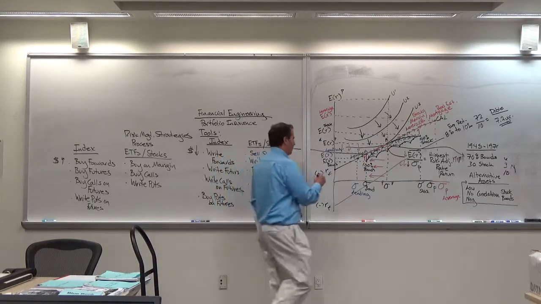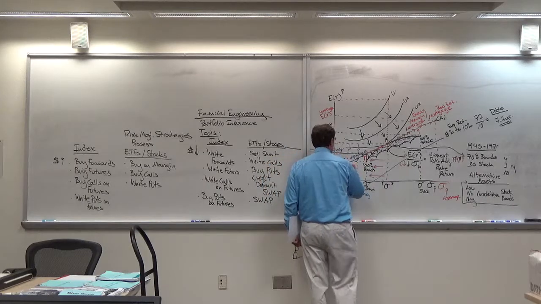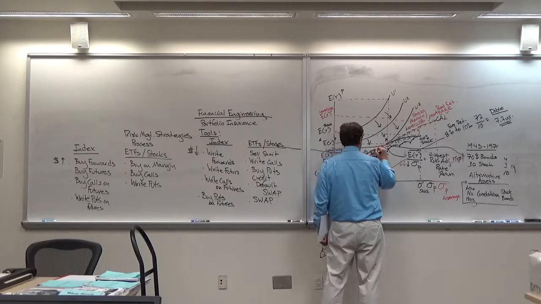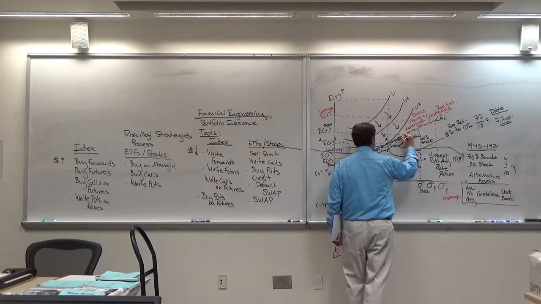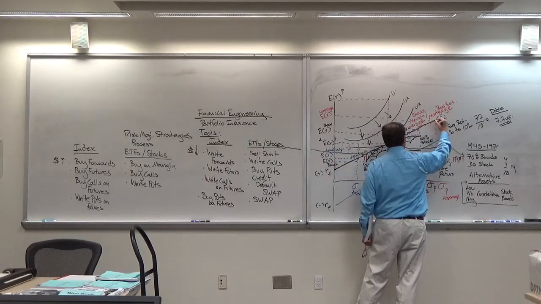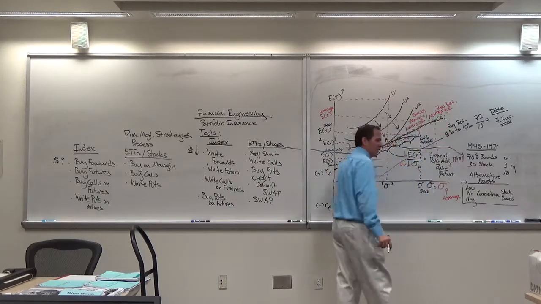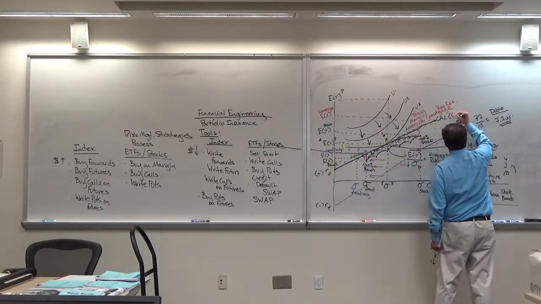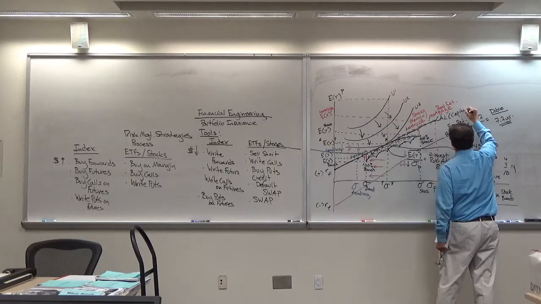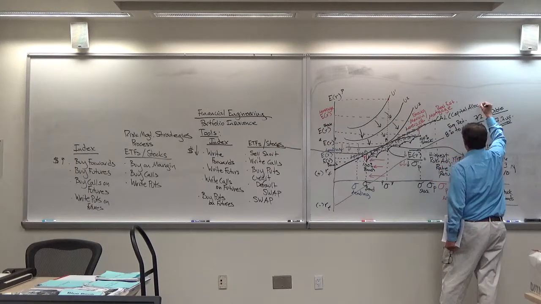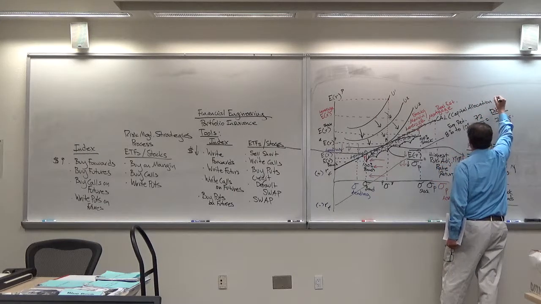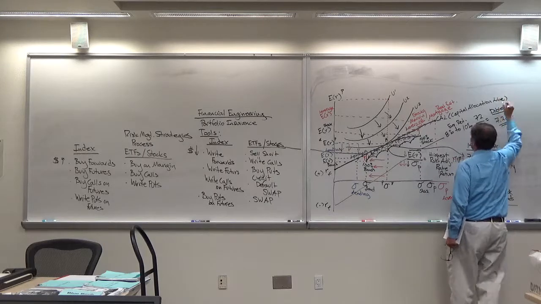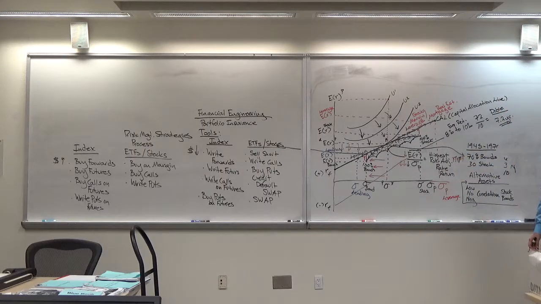Then you're going to take a line and go like that all the way through out there, a little dot out there, and then put CAL right there. That's called the capital allocation line. And slow me down if I'm going too fast.